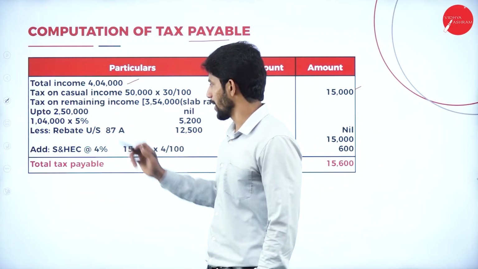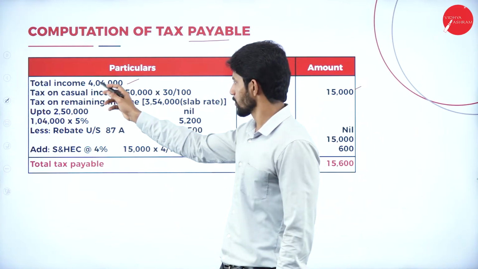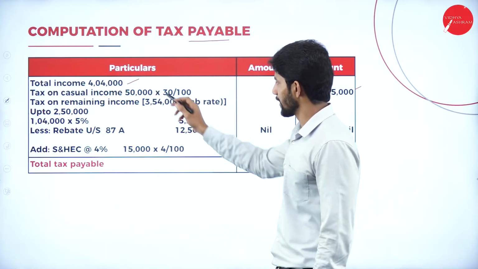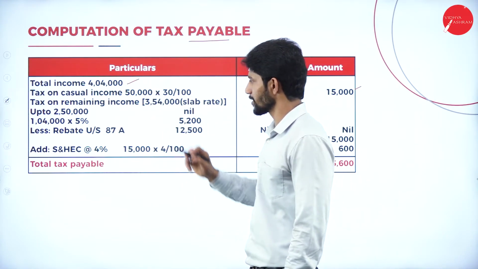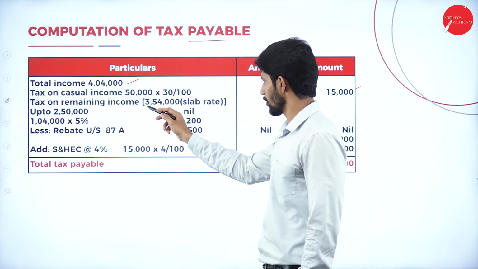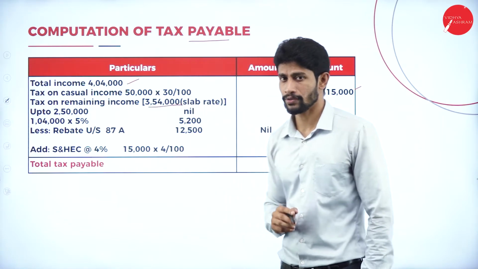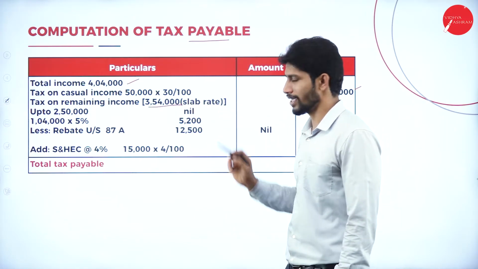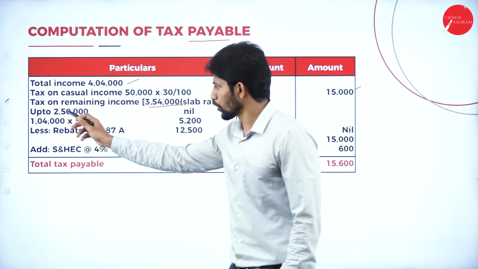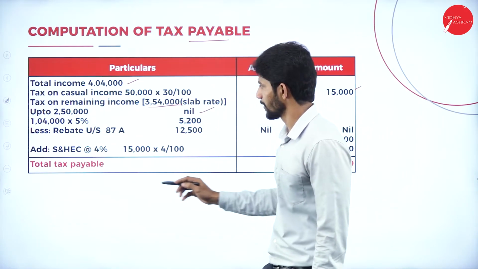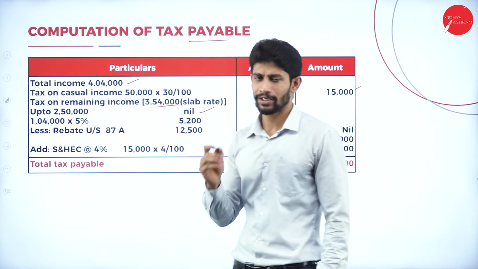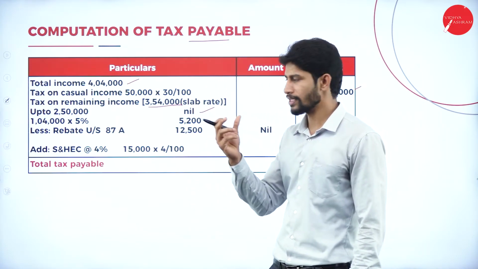So tax on remaining income. Total income is 4,04,000, and that 4,04,000 minus this 50,000, you will get a balance of 3,54,000. On this you are supposed to apply the slab rate. Up to 2,50,000 no tax. Next, 2,50,000 to 5,00,000. What is the difference amount we have here?